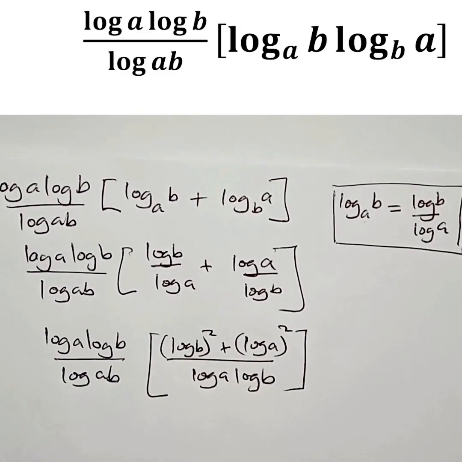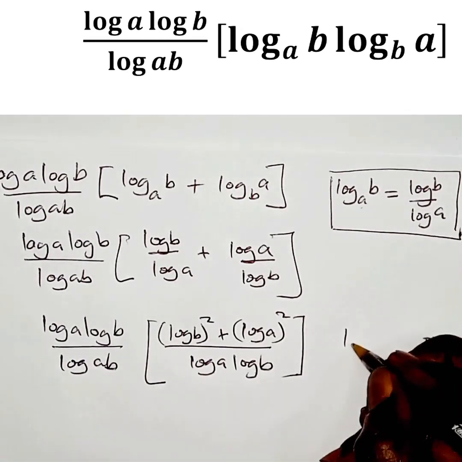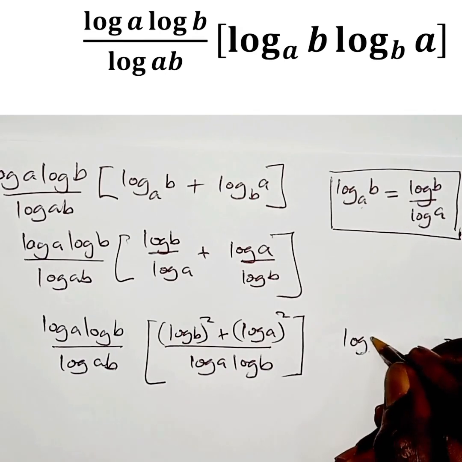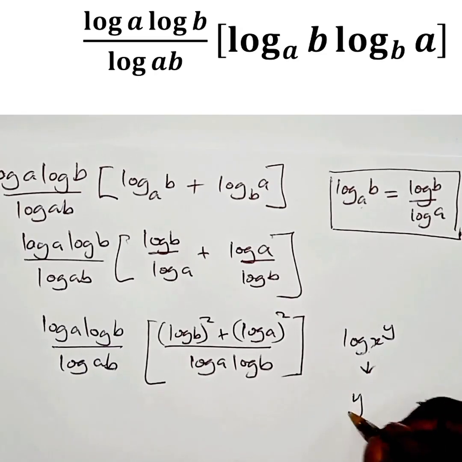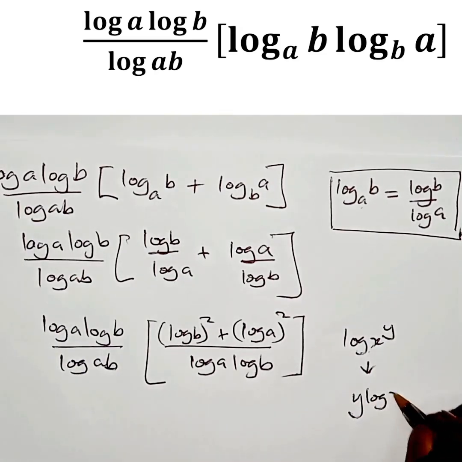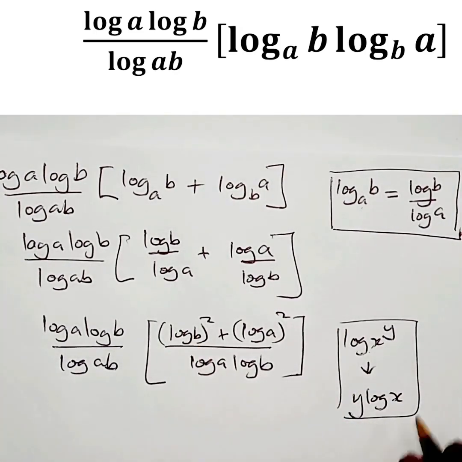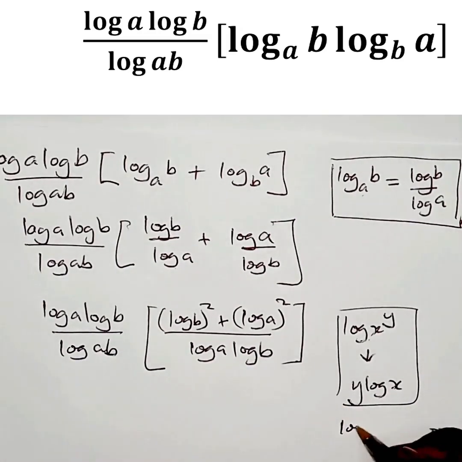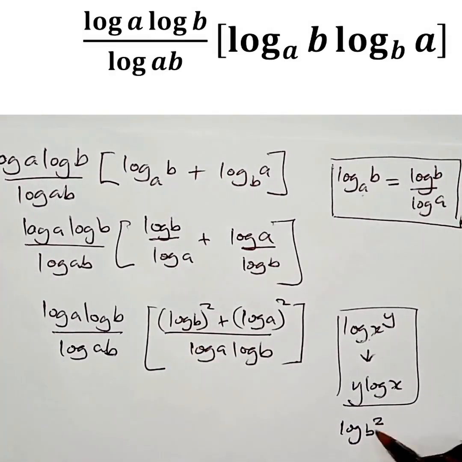Now we're going to use yet another law of logarithms that says if we have log x to the power y, this is equal to y log x. If we look at this, it's log B, all of this is squared, but this can be written as log B squared. So we just apply that law right here.